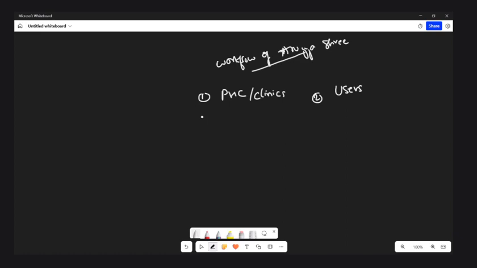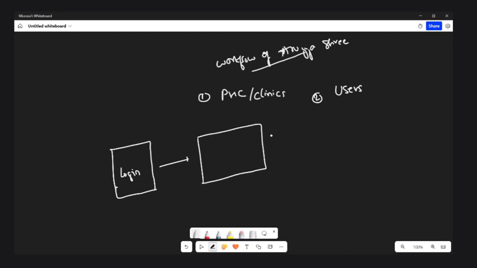First, let's discuss the idea of how ArogyaShree works. When a person enters our website, he will get a login authentication. After login authentication, he will get a dashboard.